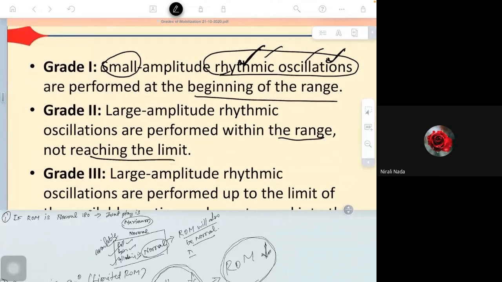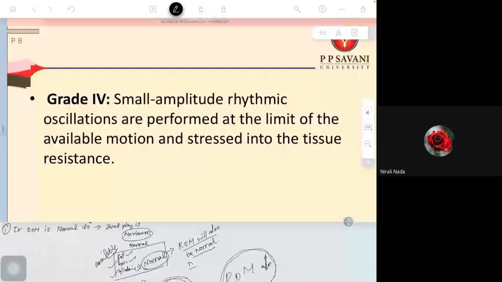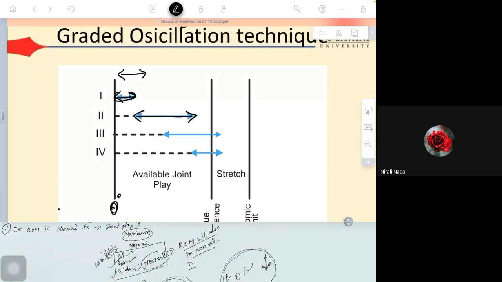So what is the range here in this patient? 120 is the range. We discussed 120 is the range for this particular patient.